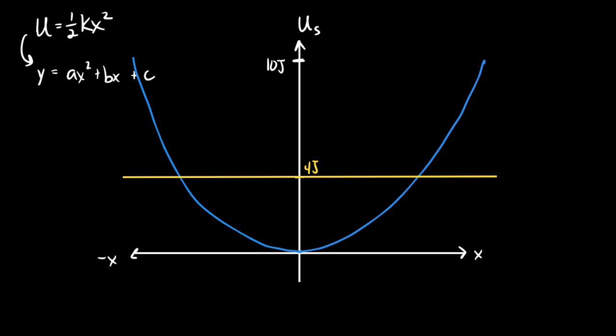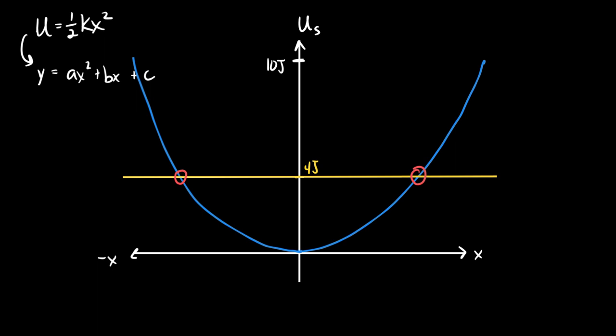That means this point and this point are the boundaries of the system, meaning the object can't be here because it would require more than 4 joules of energy to get there. Right? If I say the object only has 4 joules, then it'll never be there because that requires more than 4 joules. Do you guys understand that idea?